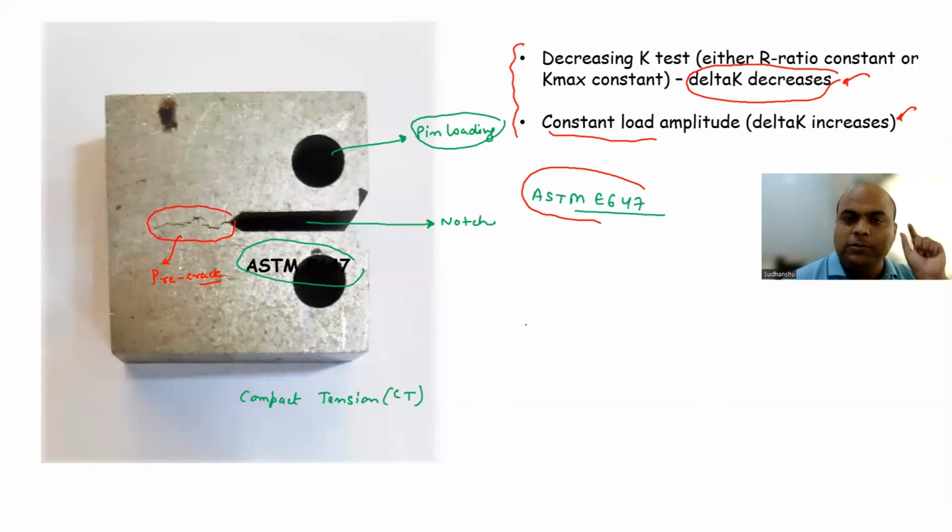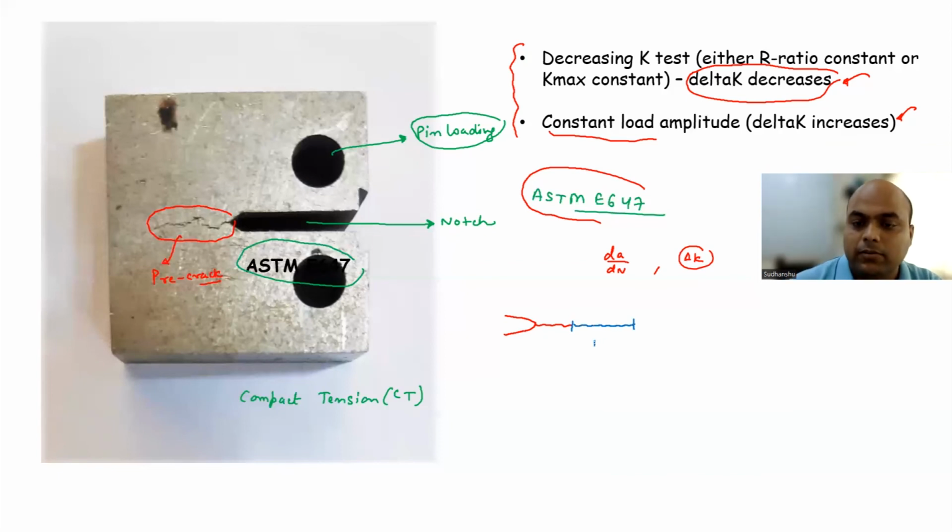So what is happening if I want to do the test? The first step I mentioned is the pre-cracking, right? Suppose I have this notch and then I did pre-cracking. Now I am doing the fatigue test. We have to measure da/dN, and the second thing we have to measure is delta K. For delta K, you need to know A. Suppose I did the test for a certain number of cycles, say N1, and my crack length grew up to this particular point.